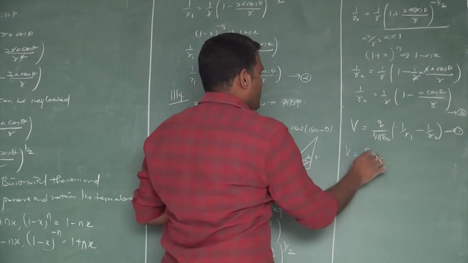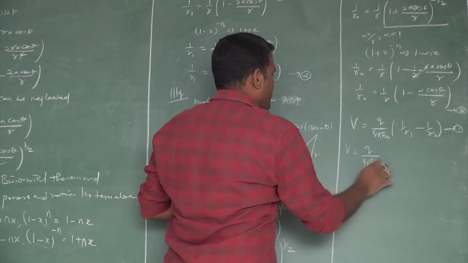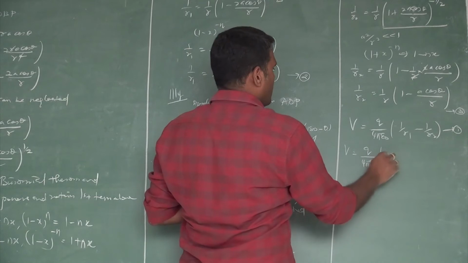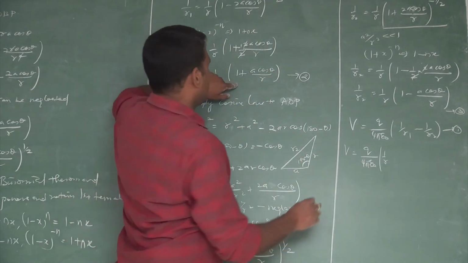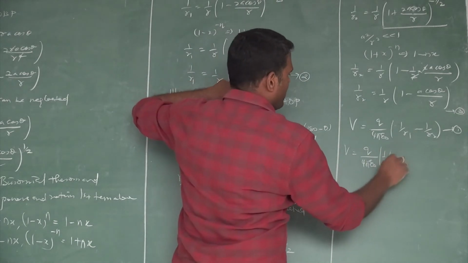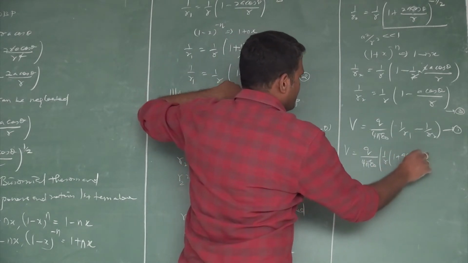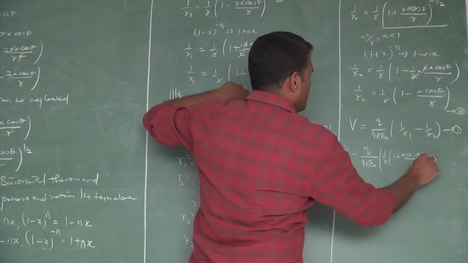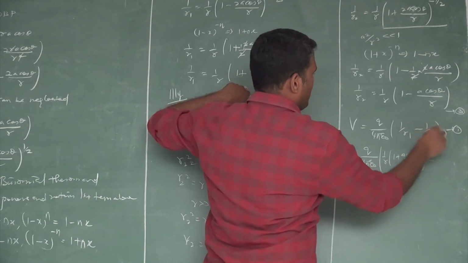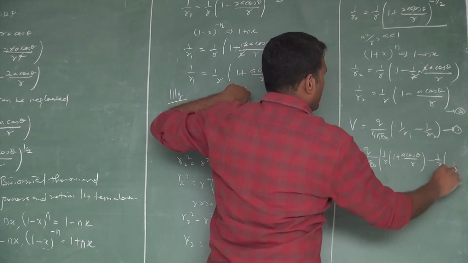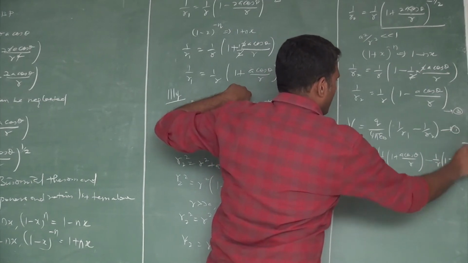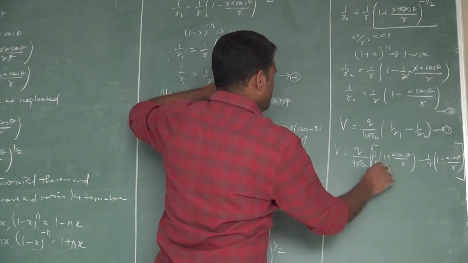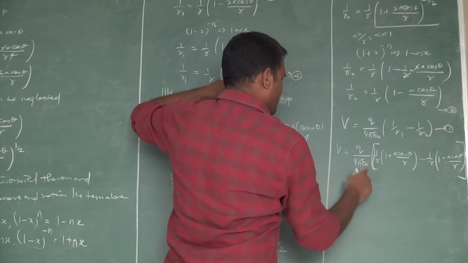You will have v equals q by 4 pi epsilon naught into 1 by r1, which is 1 by r into 1 plus a cos theta divided by r, minus 1 by r2, which is 1 by r into 1 minus a cos theta divided by r, whole bracket. 1 by r is the common term which is taken out.